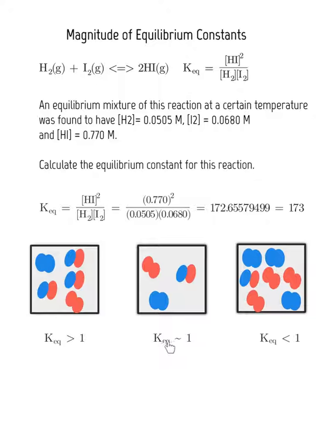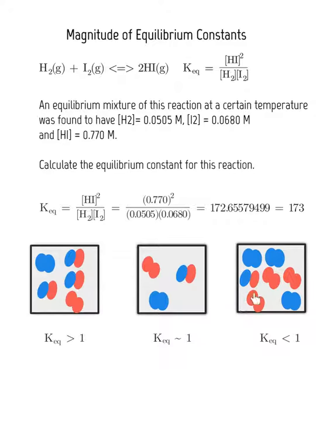And that's an ideal case where we have an equal amount of reactants and products. However, in the lab, we're going to have an approximately equal amount of reactants and products, and the equilibrium constant will be approximately equal to 1.